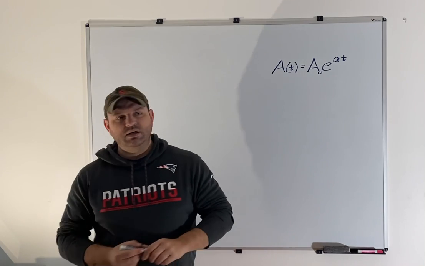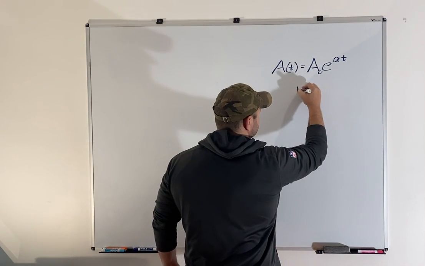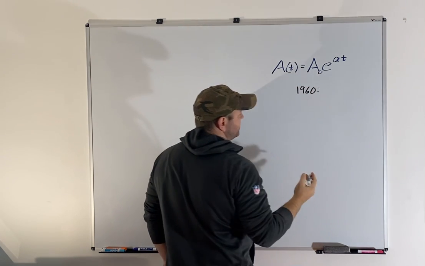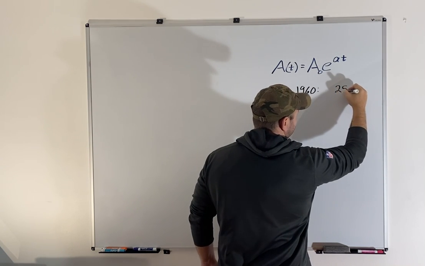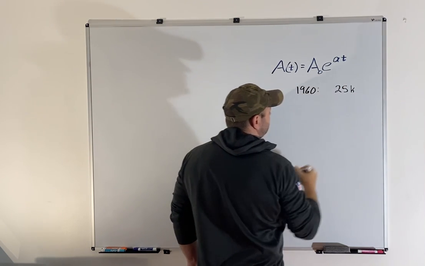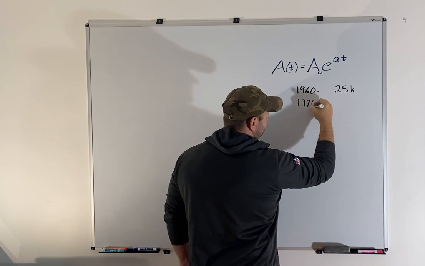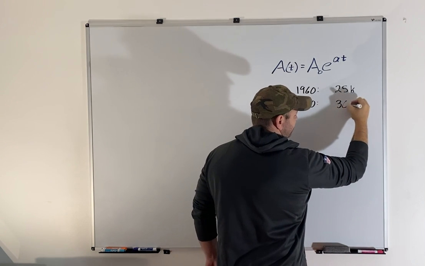Let's say in the year 1960, the population of a given country was 25,000. And in 1970, the population has grown to 30,000.